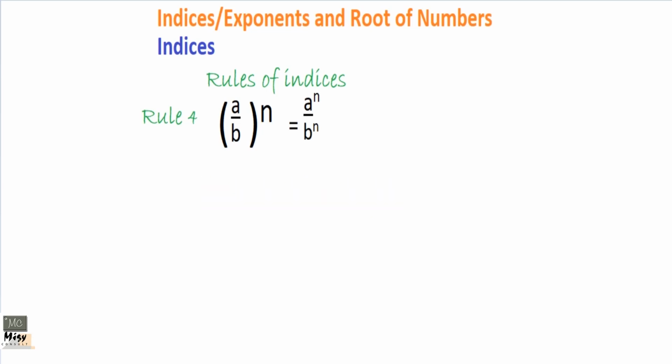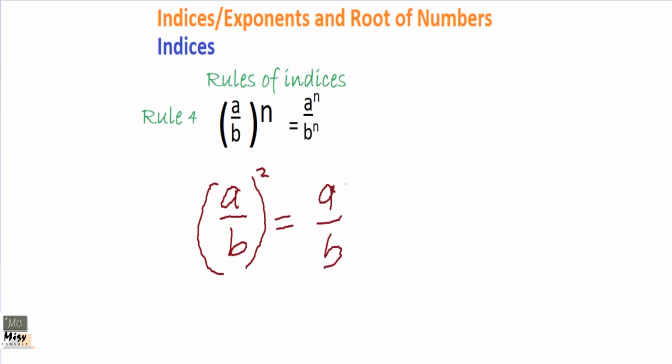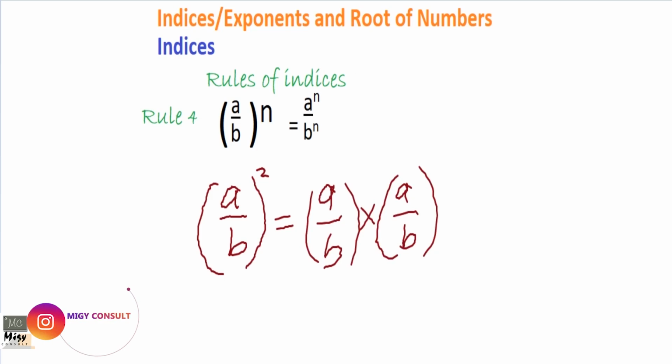Your example can be like A over B, all raised to the power, let's say 2, will be equal to what? You know what we said: A over B times another A over B.